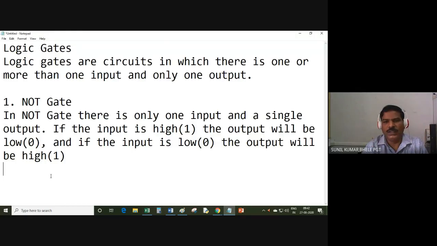And you know that these electronic signals are represented by 1 or 0. 1 means high and 0 means low signal. High signal means there is some voltage in the electric line, and low means less voltage or no voltage. So in this way we can pass signals inside the computer.